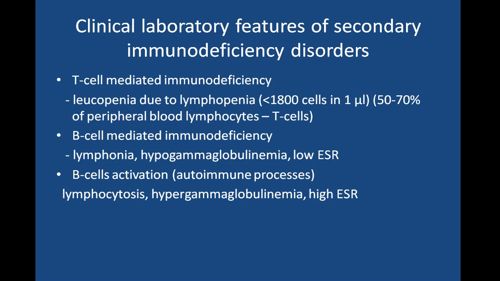B-cell mediated immunodeficiency: lymphopenia, hypogammaglobulinemia, and low level of erythrocyte sedimentation rate. B-cell activation, autoimmune processes: lymphocytosis, hypergammaglobulinemia, high erythrocyte sedimentation rate.